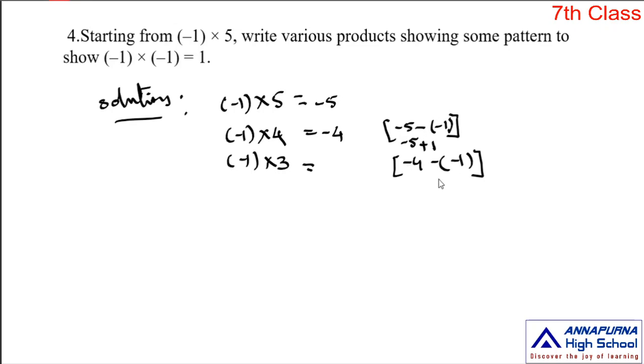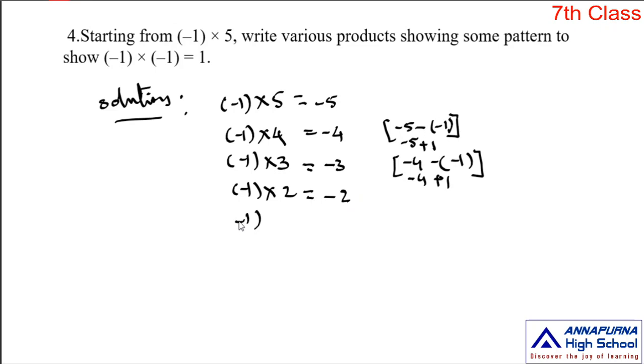Therefore minus 4 plus 1 is equal to minus 3. Next, minus 1 into 2: again this minus 3 is decreased by minus 1, so minus 3 plus 1 is equal to minus 2.